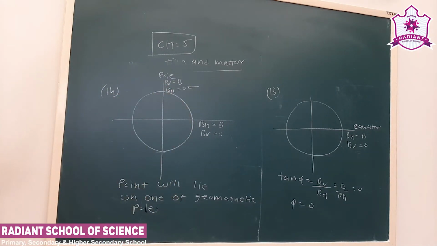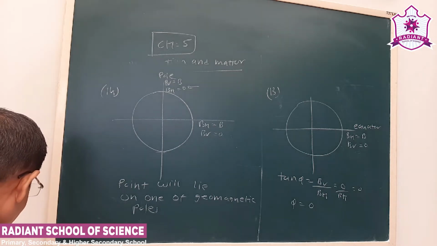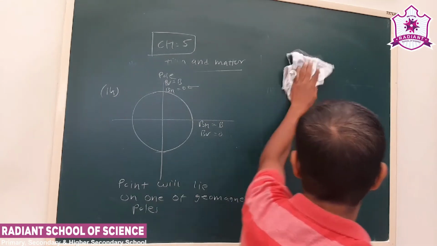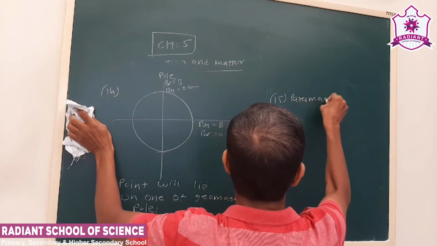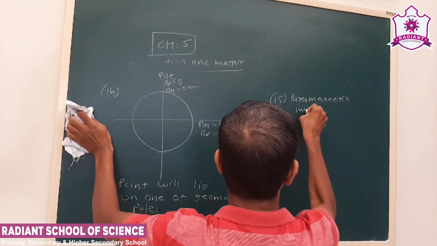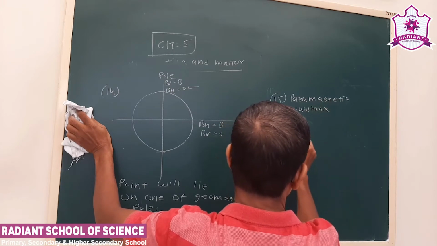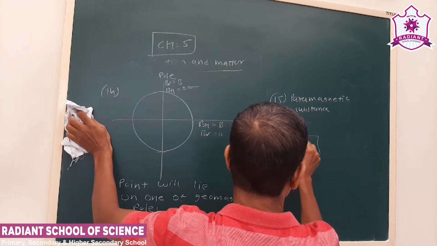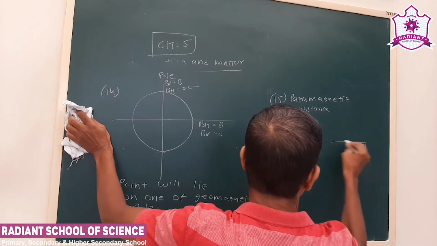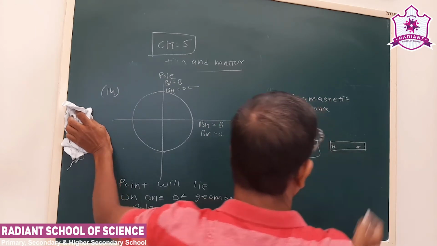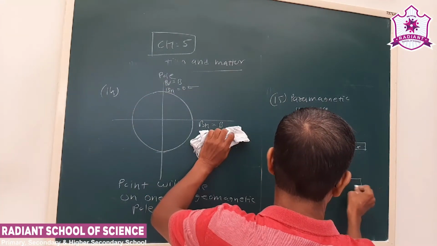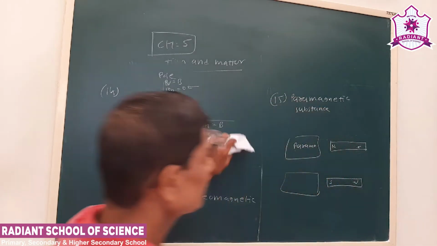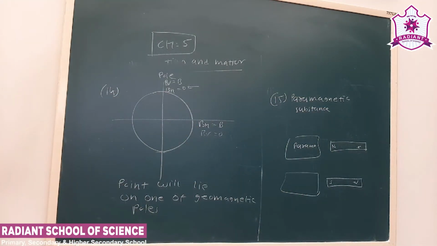Now 15. See, when a piece of paramagnetic substance is brought near a North Pole or a South Pole, it will experience attraction.